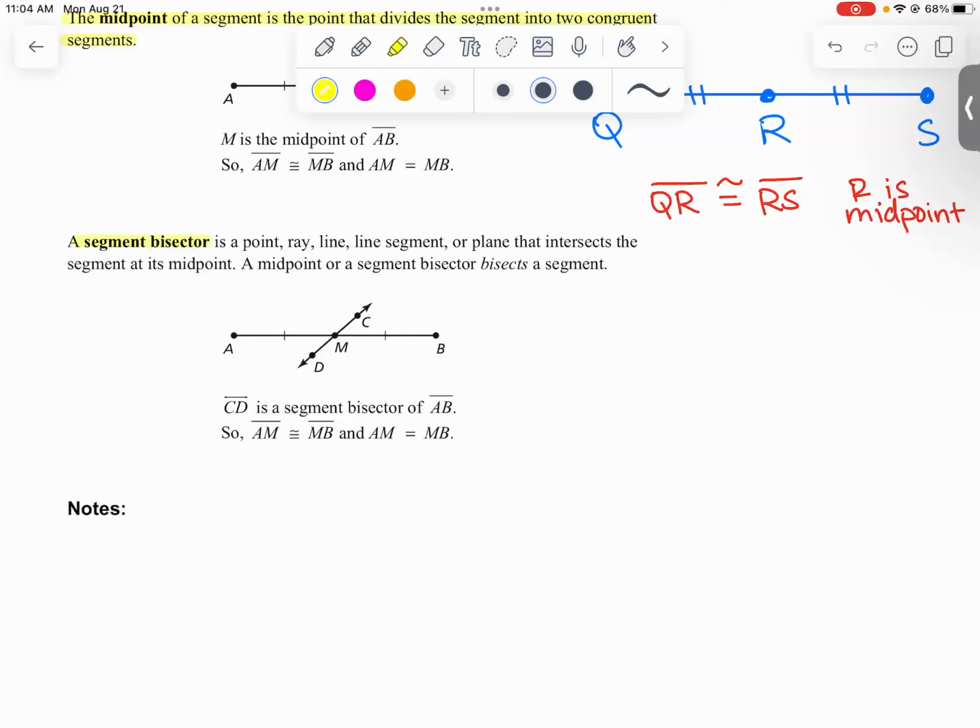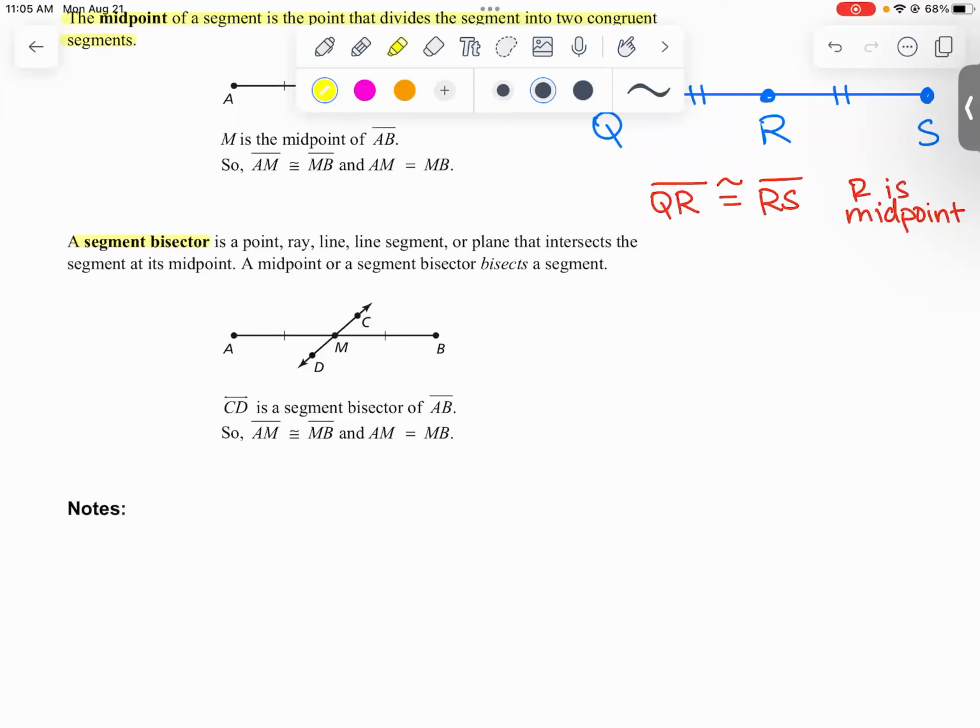You can see in this picture right now, we have segment AB. We know M is the midpoint. So we're going to call line CD the segment bisector, because it's going through the segment, cutting it in half.